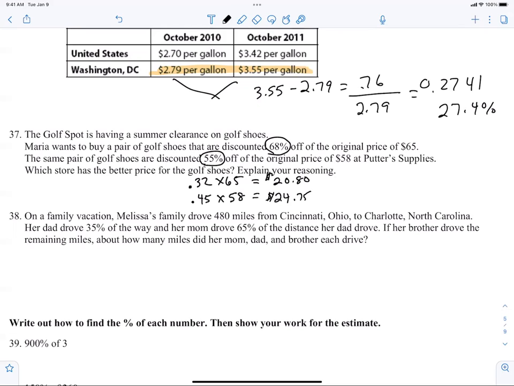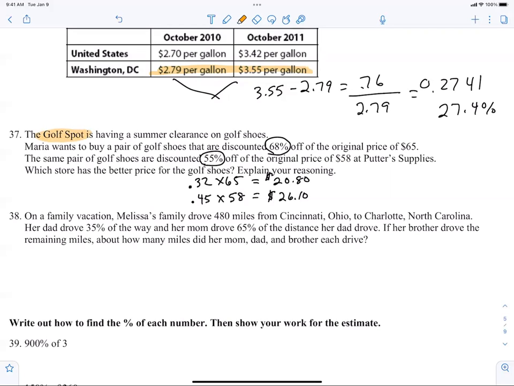Aiden, is that right? I got $26. All right, thank you, guys. $26.10. So we would buy it from the first one, correct? Golf Spot. All right, that's not too bad.